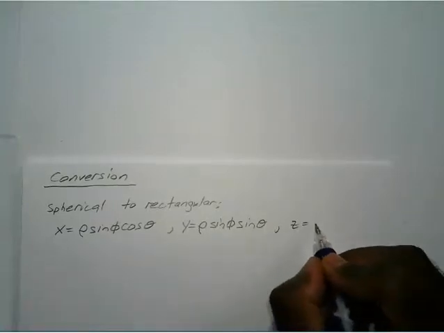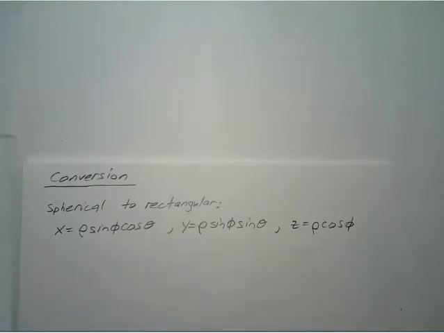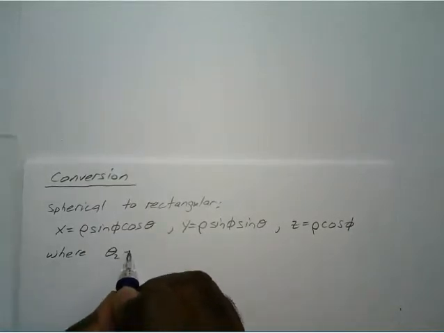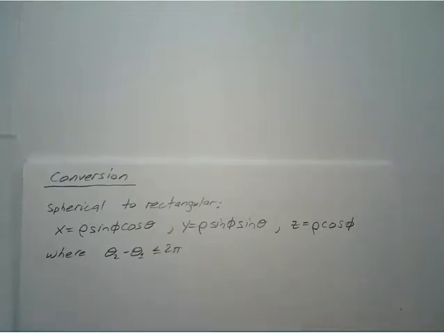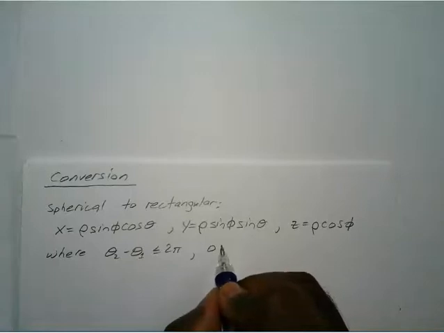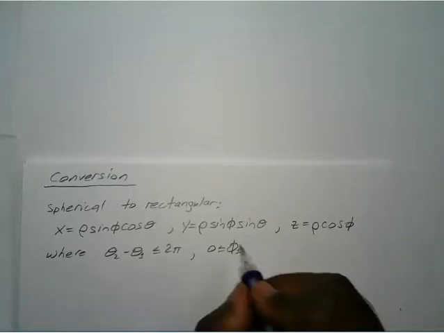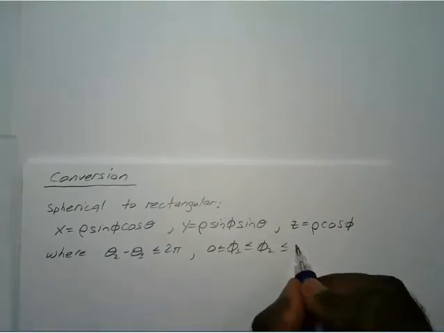And z is equal to rho cosine of phi. Okay, now this is where theta 2 minus theta 1 is less than or equal to 2 pi. And 0 is less than or equal to your phi sub 1, is less than or equal to your phi number 2, is less than or equal to pi.